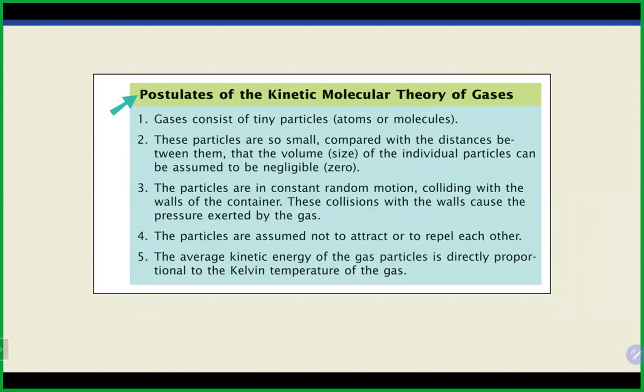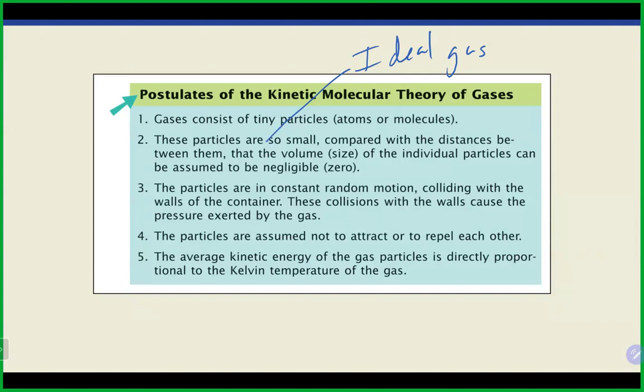Because of that, in an ideal situation we consider the volume of the gas molecules themselves to be pretty much negligible or zero, and we look more at the volume of the container they are flying around in. That's one of the things that makes something an ideal gas.